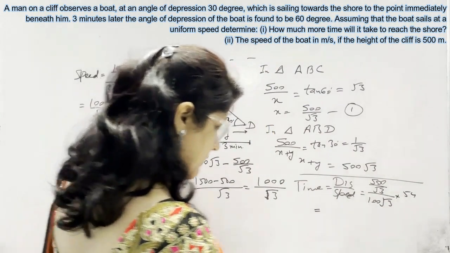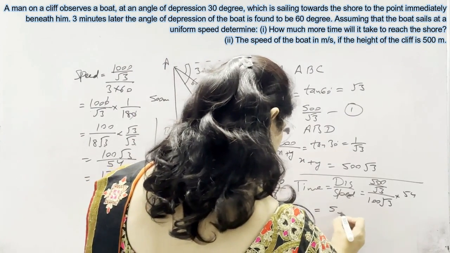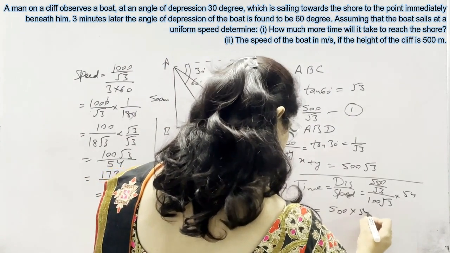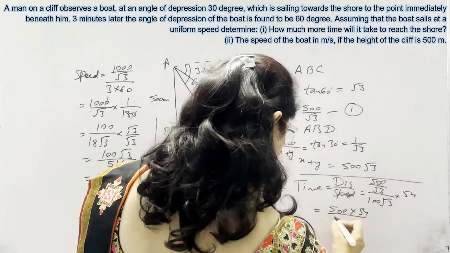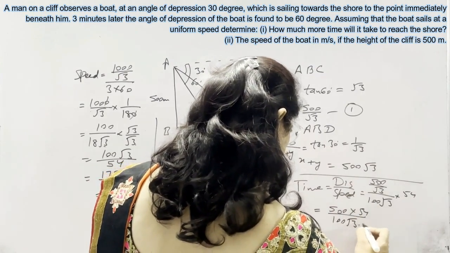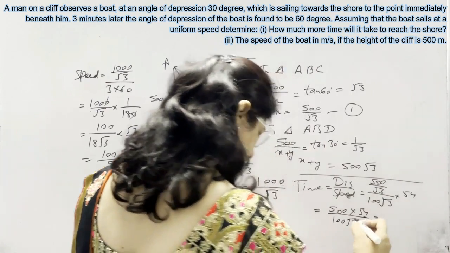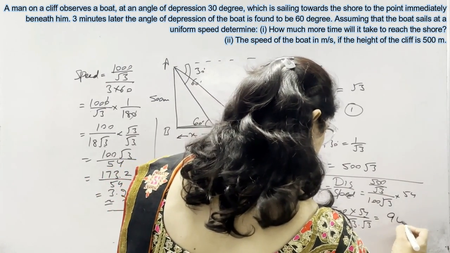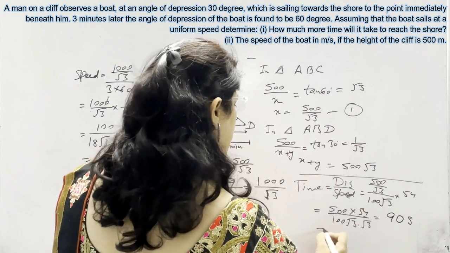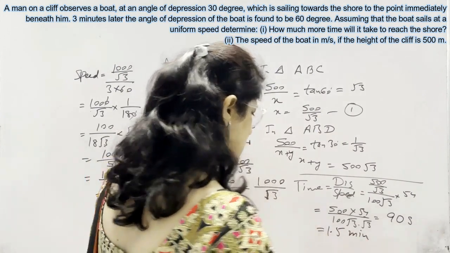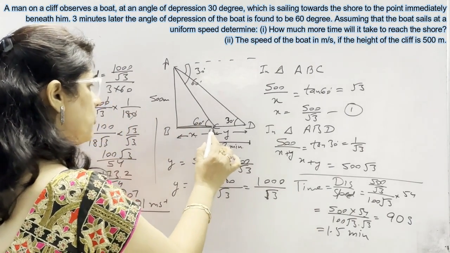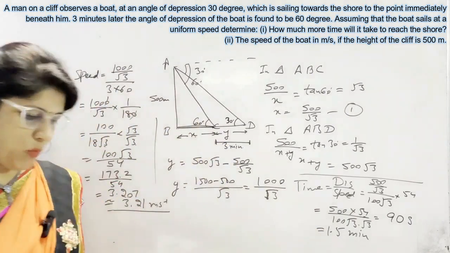After calculation its value comes out to be 500 into 54 upon both under root 3 and 100 under root 3 and under root 3. It means 3. So value comes out to be complete 90 seconds and 90 seconds is equal to 1.5 minute, is the time taken to reach this boat from C point to B point.